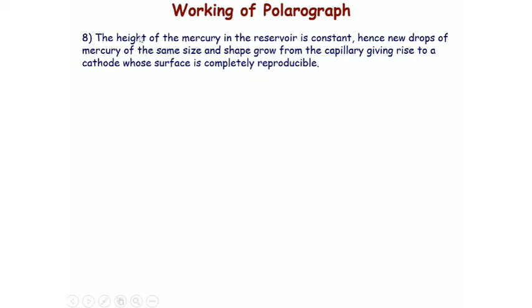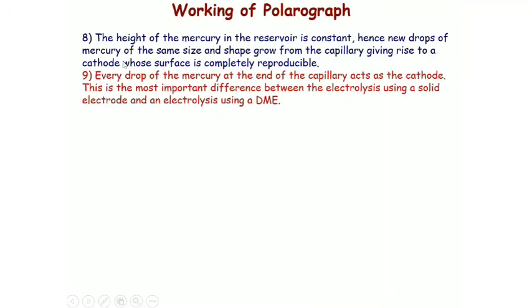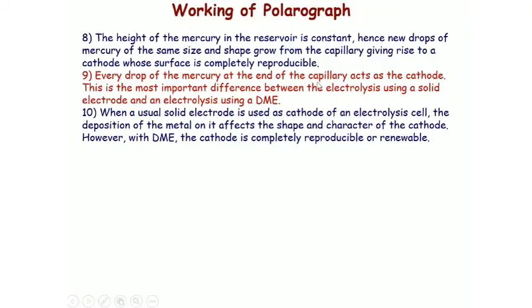Hence, a new drop of mercury of the same size and shape grows from the capillary, giving rise to a cathode whose surface is completely reproducible. Every drop of mercury at the end of the capillary acts as the cathode.